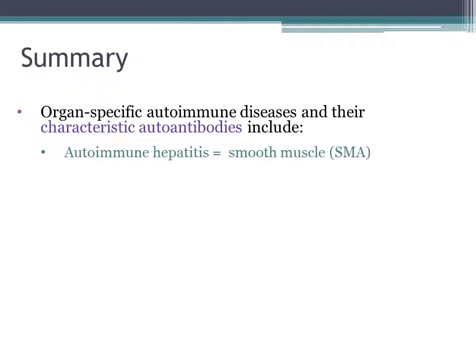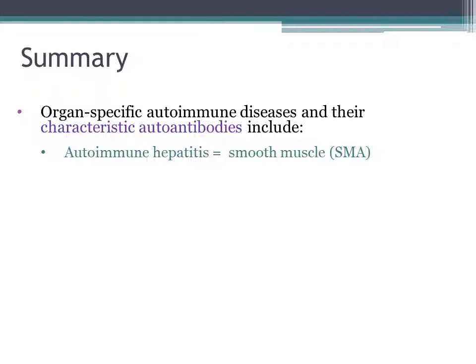We looked at several organ-specific autoimmune diseases and their characteristic autoantibodies. Now, this list that follows is probably what you want to focus your studying on as far as the antibodies, because these are the main ones. So whether you want to make flashcards or a chart or what have you, that might be a good plan of action.